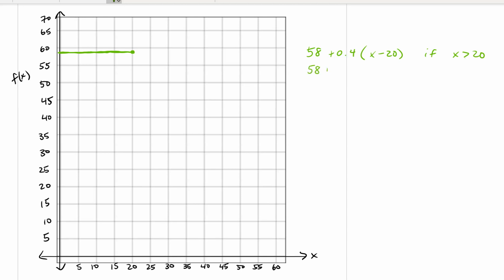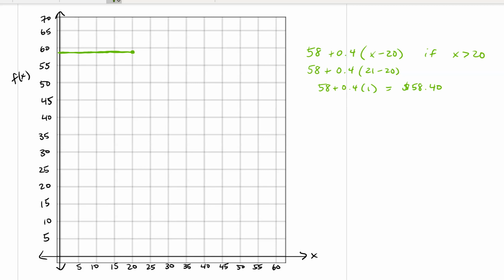Then we would get 58 plus 0.4 times 21 minus 20, and so that's 58 plus 0.4 times 1. If we used an x value of 21, then the cost would be $58.40.